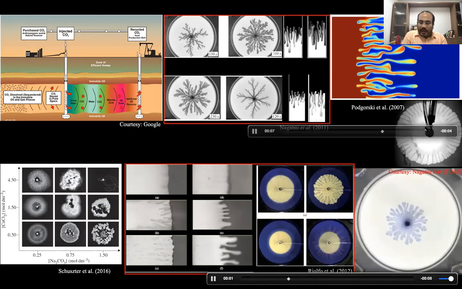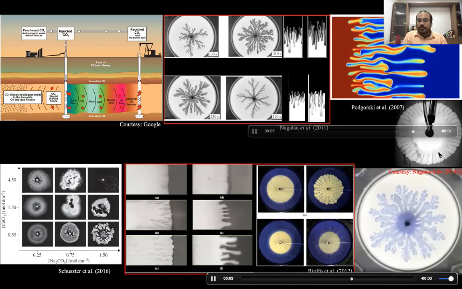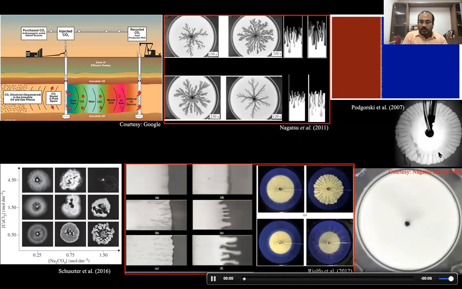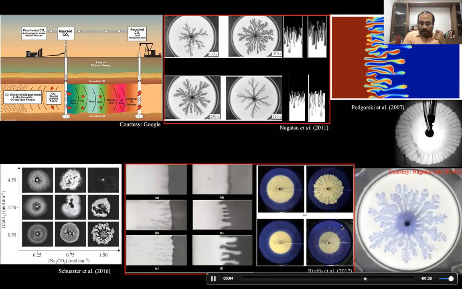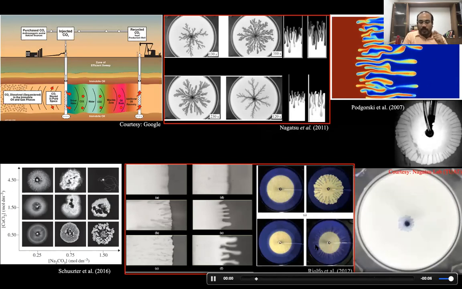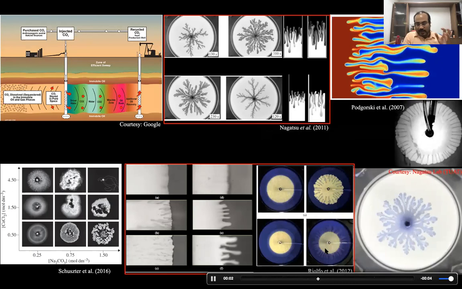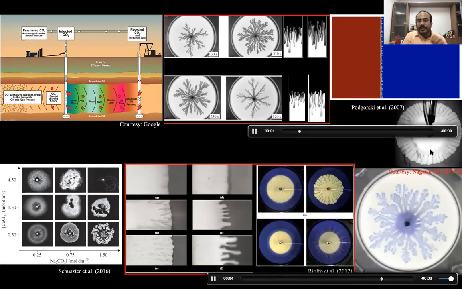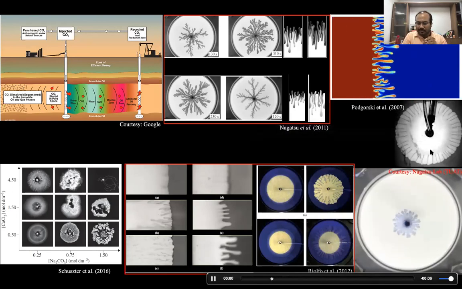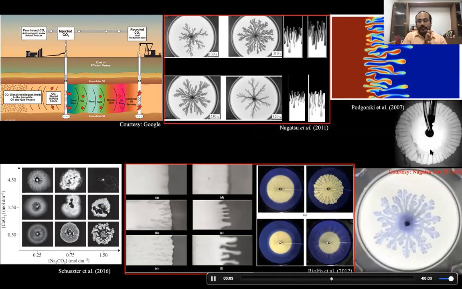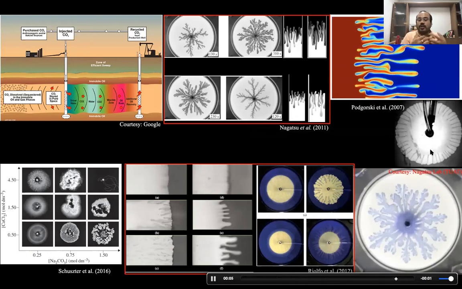Now this one is again a different experimental setup where a chemical reaction induced fingering pattern happened. And if you really observe the differences between this bottom one with the blue and the yellow experimental snapshot and this one here, the black and white picture, the finger patterns actually look different.